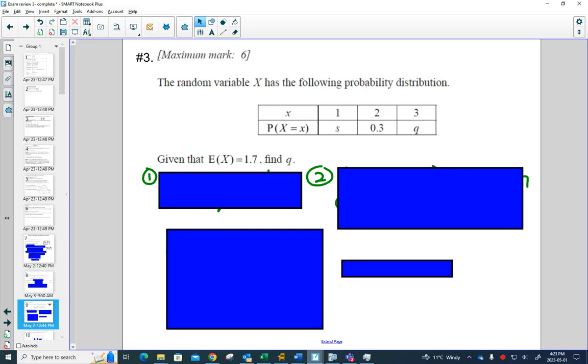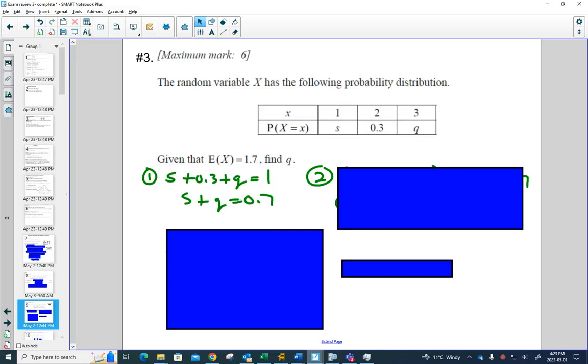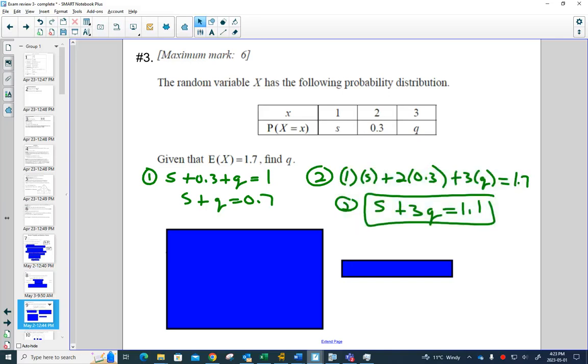If the expected value is 1.7, find Q. So what do we know? We know that these three together have to add up to 1. So that gives you an equation that S plus Q is equal to 0.7. Since you know the expected value is 1.7, we can write that out.